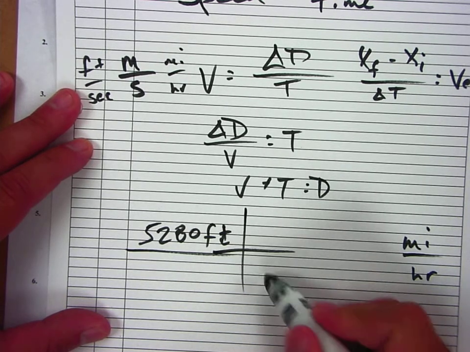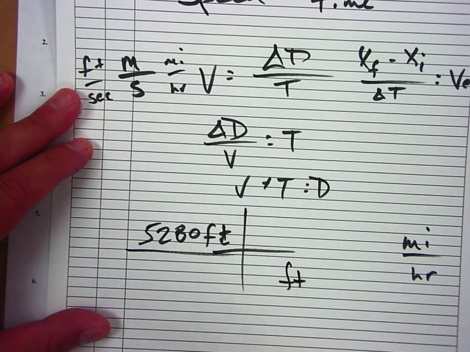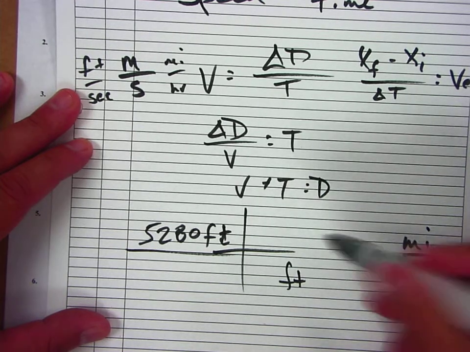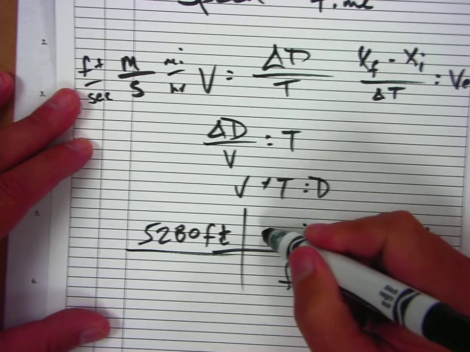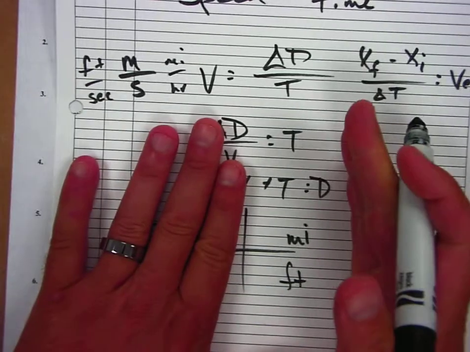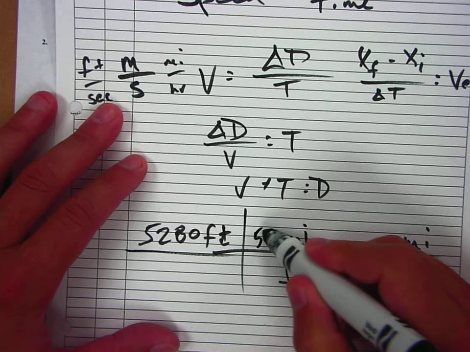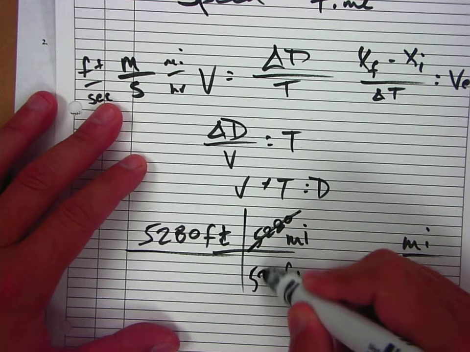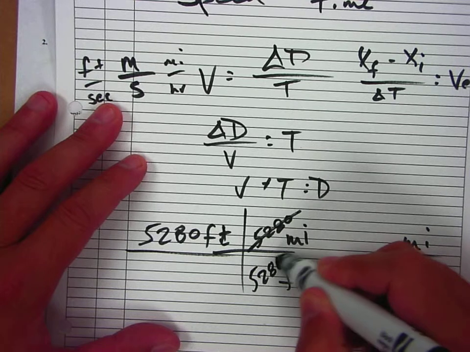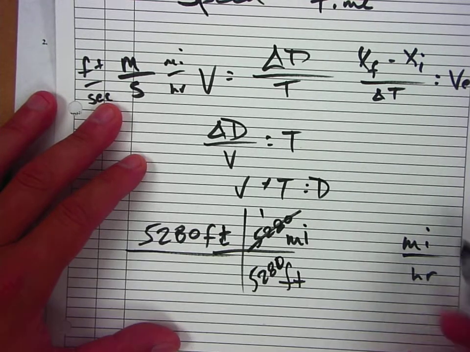All that is, you put the known unit down, and then you go to the conversion unit. We know that the relationship here between feet and miles is 5,280 feet is in 1 mile. We'd multiply across the top, divide it by the bottom, giving us 1 mile.